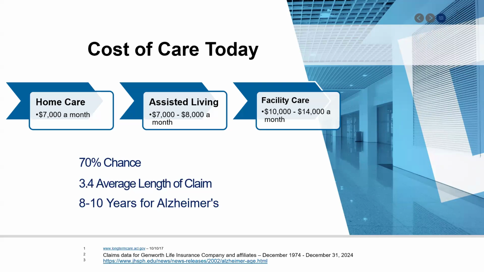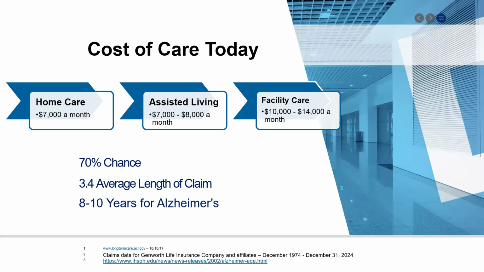And what I mean by that is home care, it really does range, right? 7,000 maybe on average, but maybe initially you just need a little bit of help with your activities of daily living. Maybe you need someone over there for a couple of hours, and not until it progresses further along the way would the cost start to pick up.